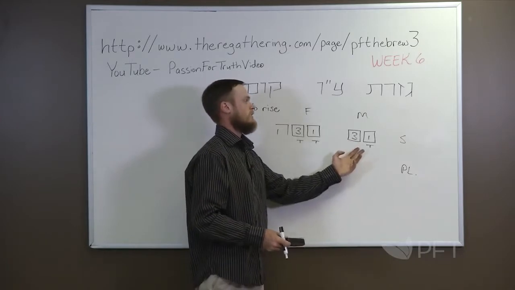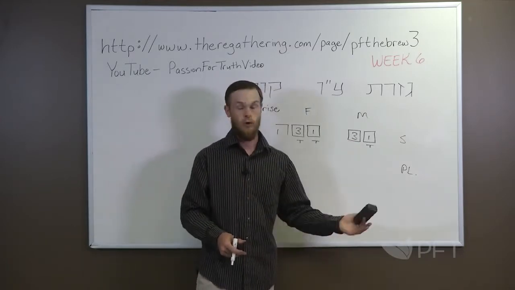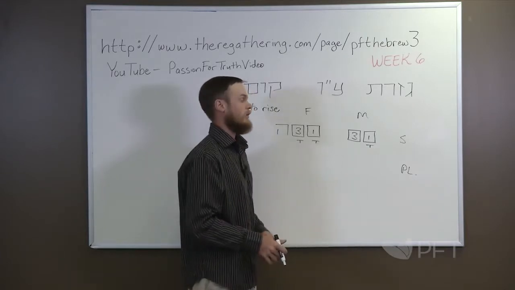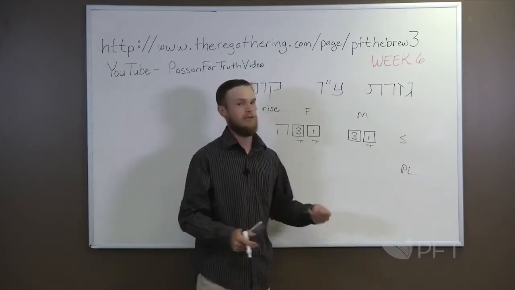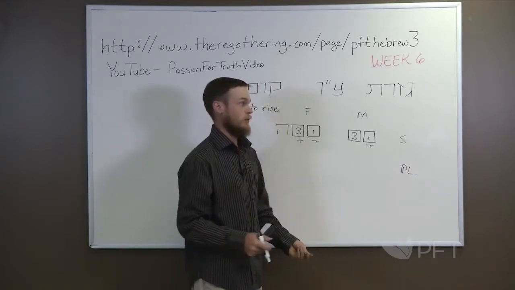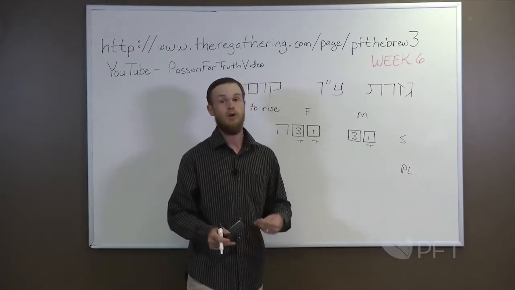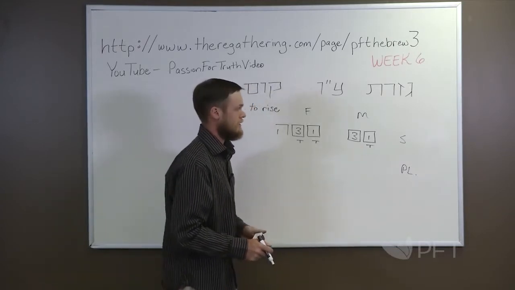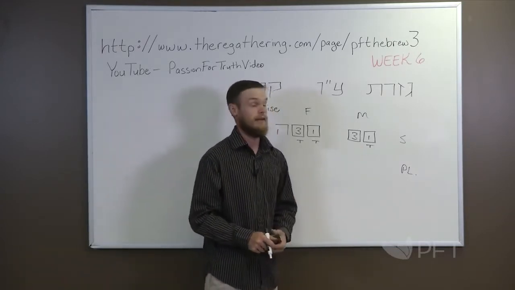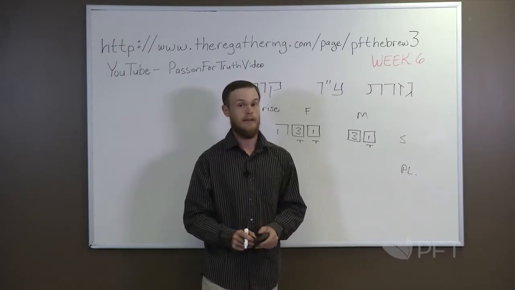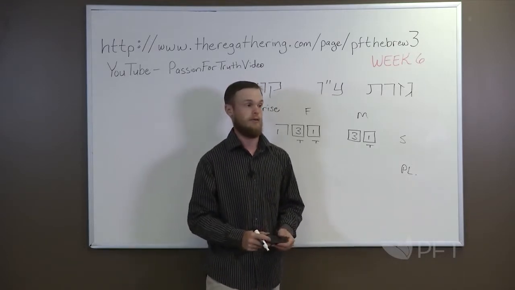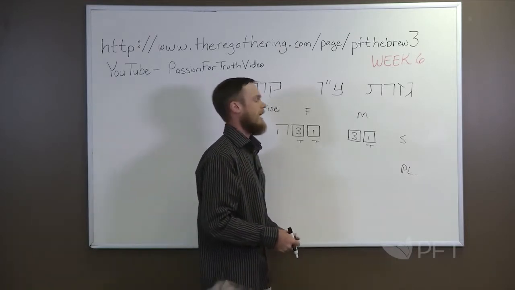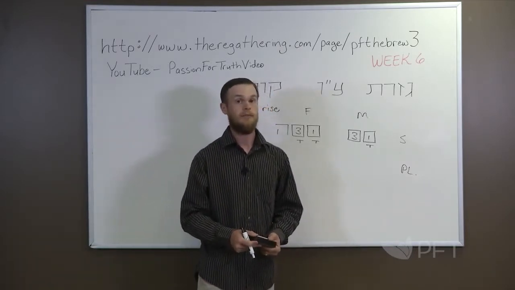So if I was to say he rose, I would say hu kam. But if I was to say he is rising, the present tense, I would also say hu kam. They would be spelled and vocalized exactly the same way. So that is something worth noting. In the ayin vav conjugation, your third person past tense and your present tense are going to look the same.